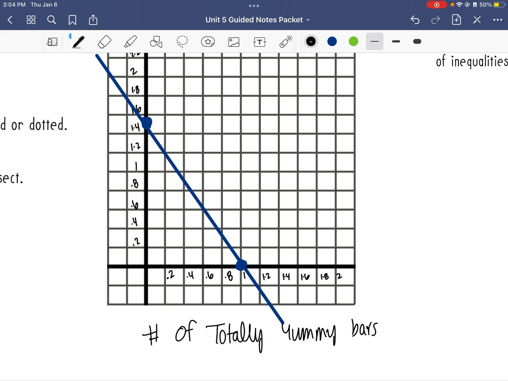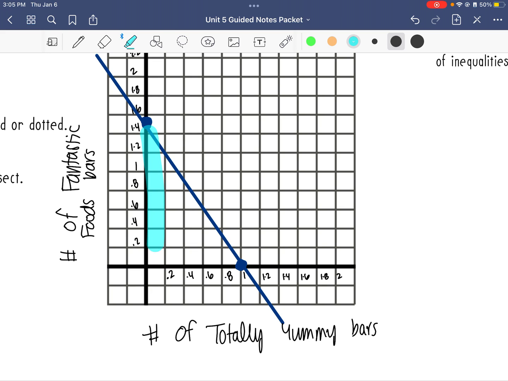And our y is our number of Fantastic Foods bars. So can you have a negative amount of granola bars? No, of course not. That would be silly. So we really just need to shade right here in this first quadrant under here. There you go. That's the first one.